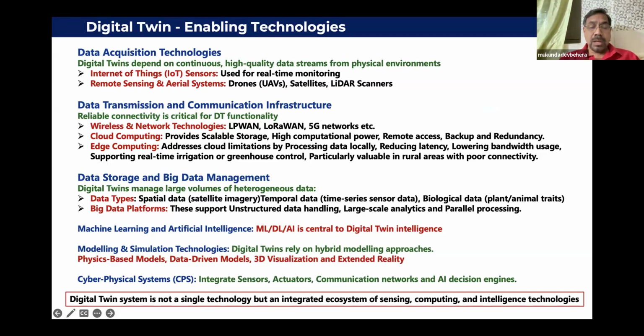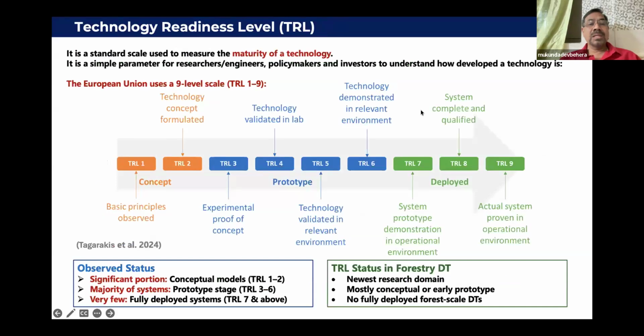So digital twin system is not a single technology, but an integrated ecosystem of sensing, computing, and intelligence technology. Since we are moving and we are with everything, this is the next which tries to imitate in terms of both structure and function as far as the real world is concerned.